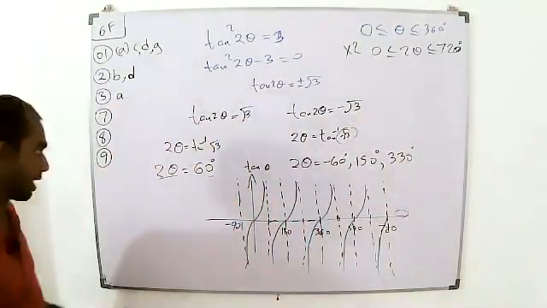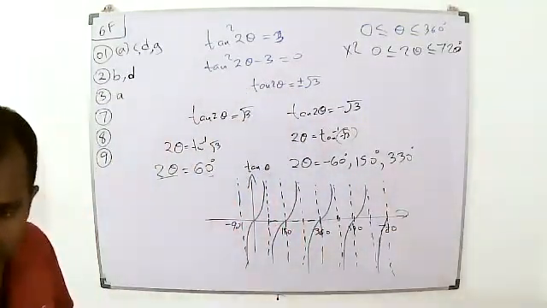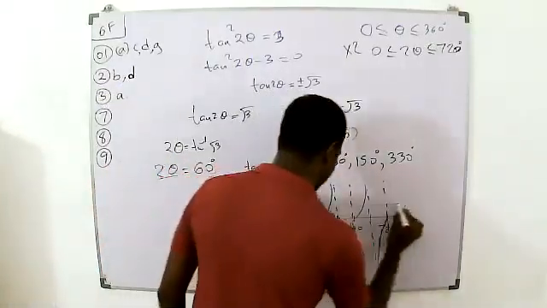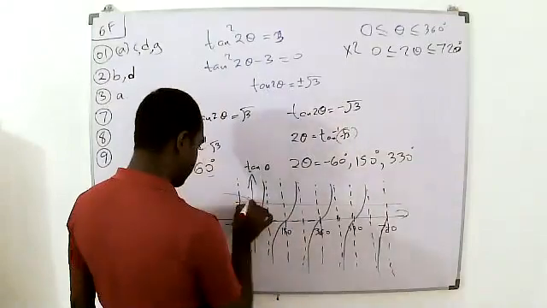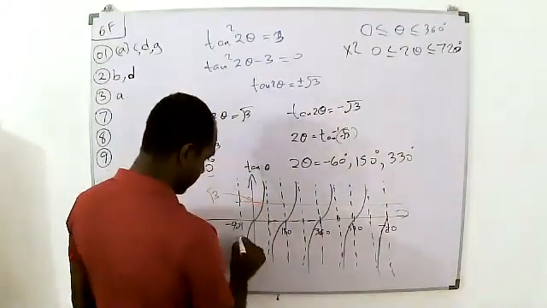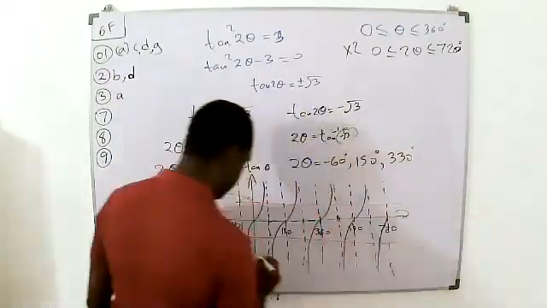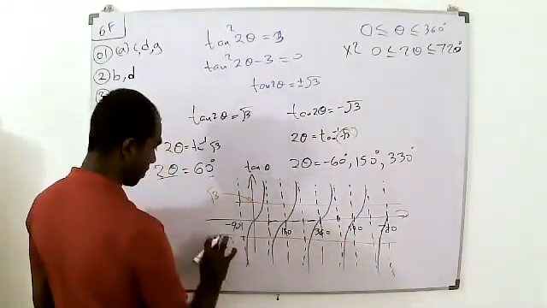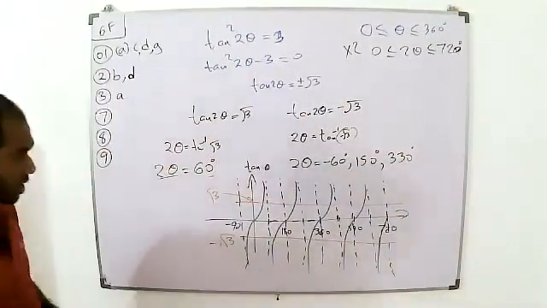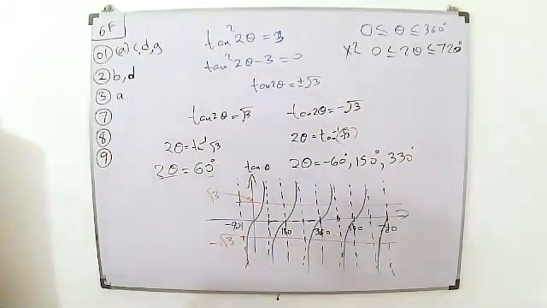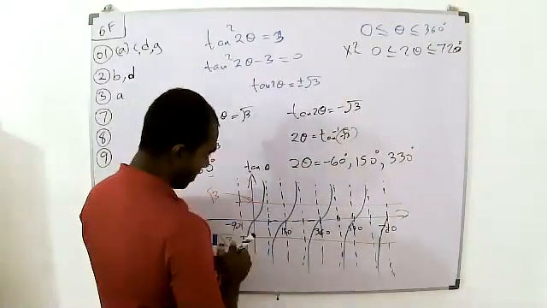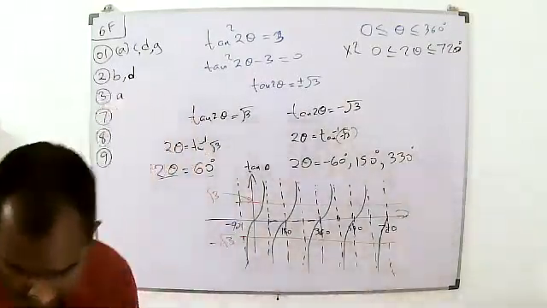Now if you draw a line at square root 3, how many solutions are going to come? This is square root 3 and this is minus square root 3. How many solutions are going to come for 2 theta? See, I will use the red pen.